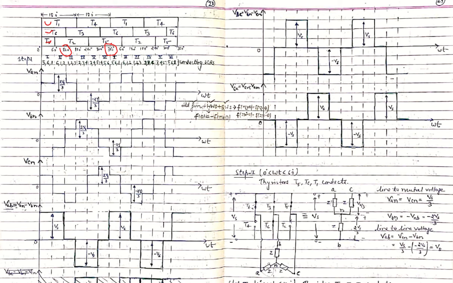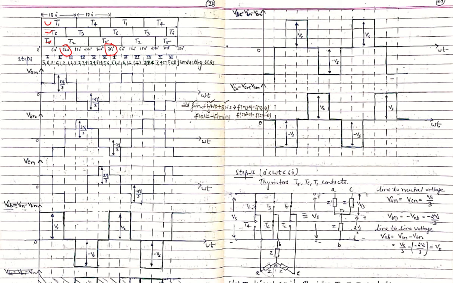We will further simplify this diagram. We will see that A and C are connected to the positive supply side, and the B phase is connected to the negative supply side, as we draw just the impedance diagram. If A and C are connected to the plus side, then the input terminals of A and C are connected to the same polarity, and the output terminals of these are connected to the neutral point. So these two are in parallel structure.